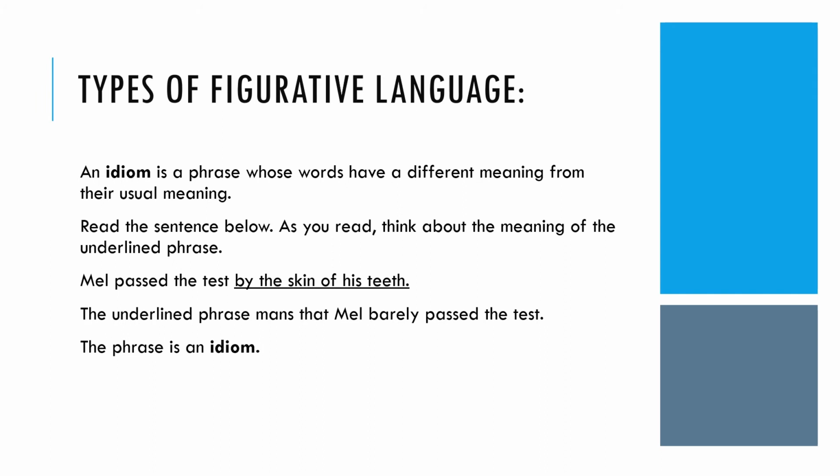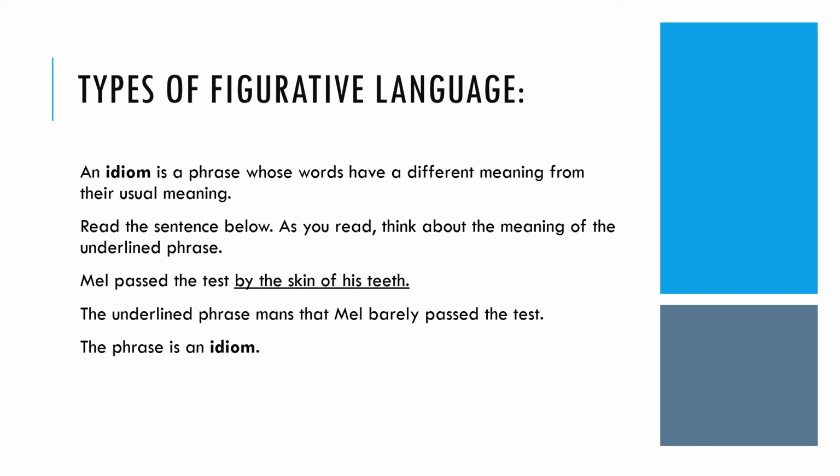An idiom also gives us information, but it doesn't compare things, not directly. We use a different set of language that has a different meaning than the words separately would mean. So the phrase itself has another context.